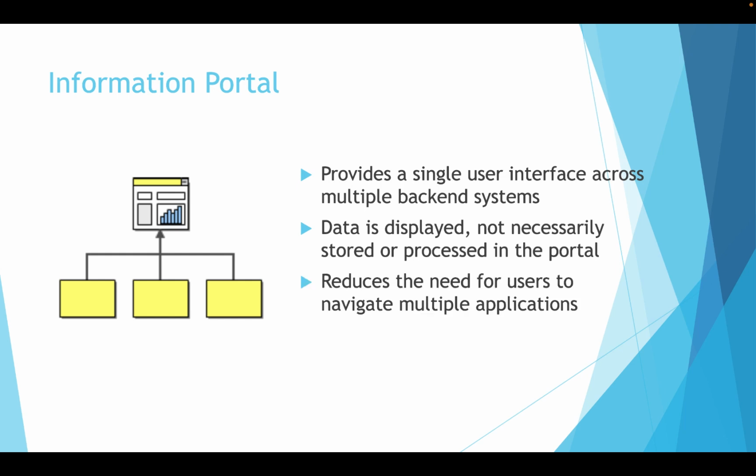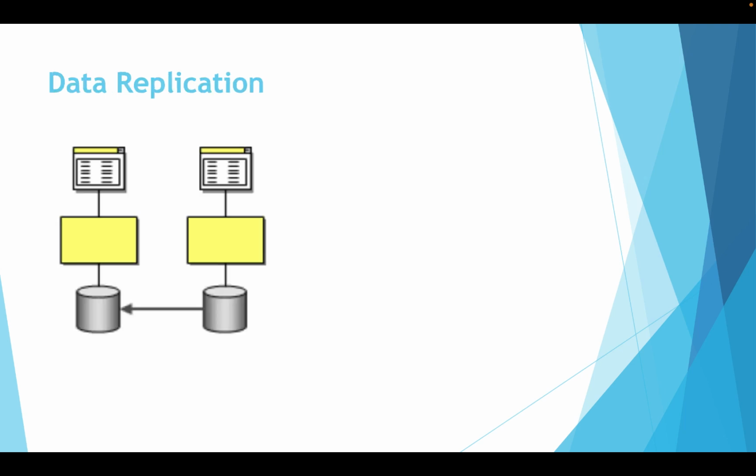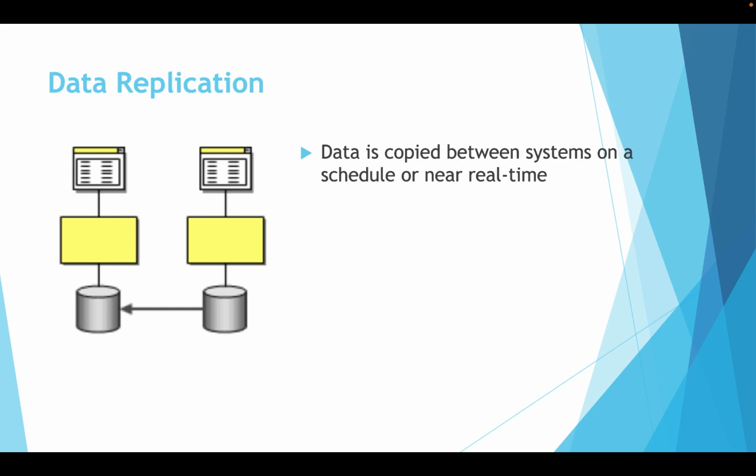Okay, the next one is data replication. In data replication, data is copied between systems on a schedule or in near real time. Normally, it happens during the night. Sometimes you need real time.